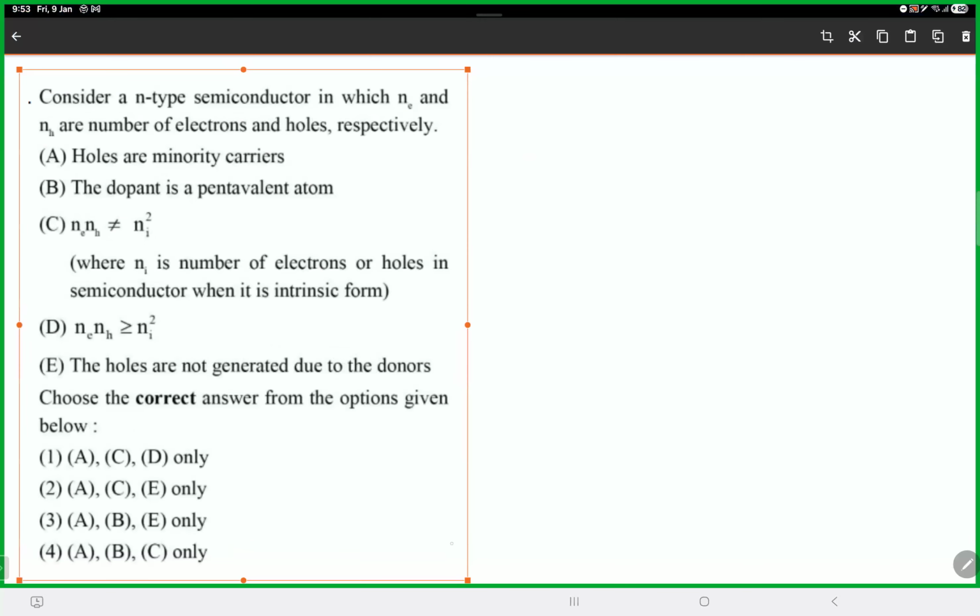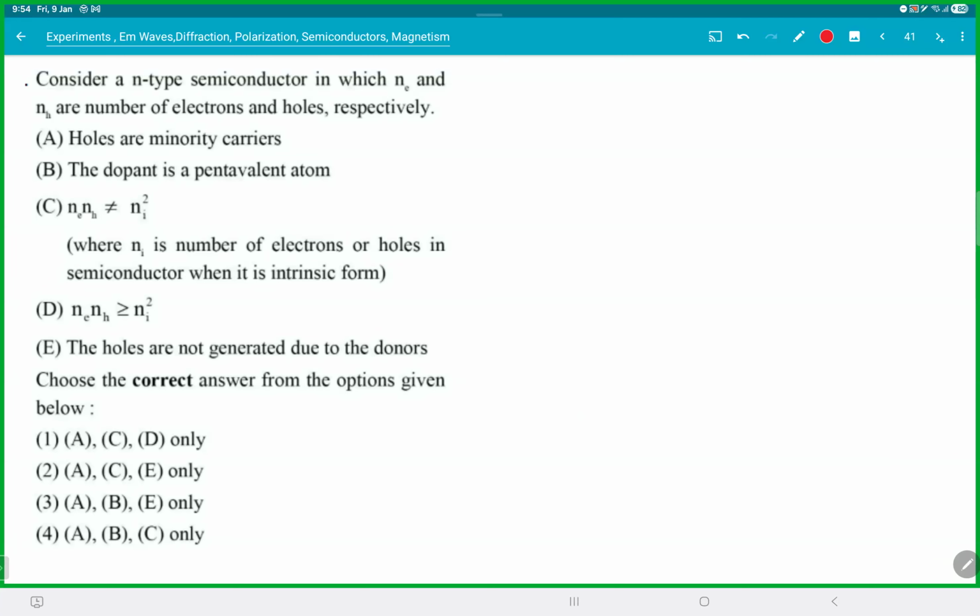Semiconductors. Let's read the statements.